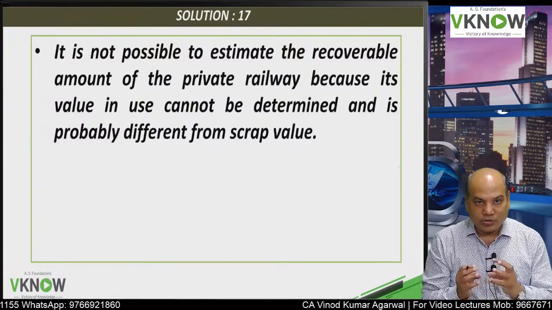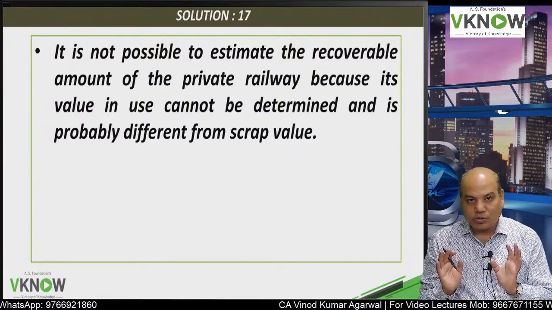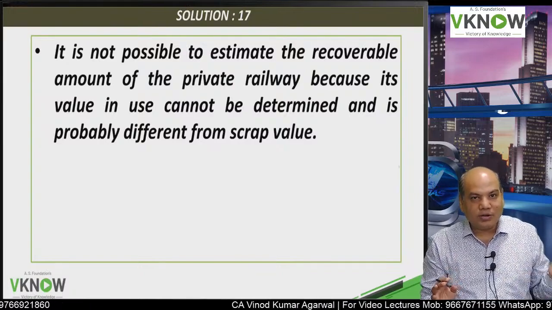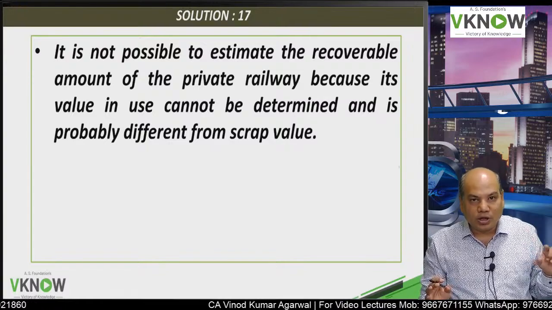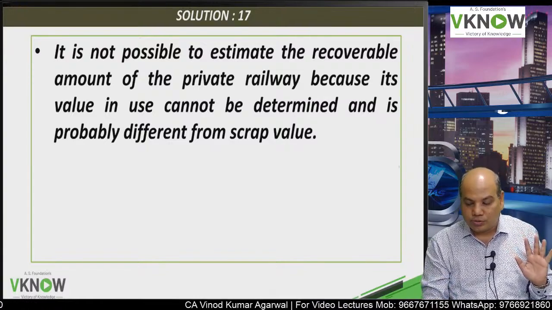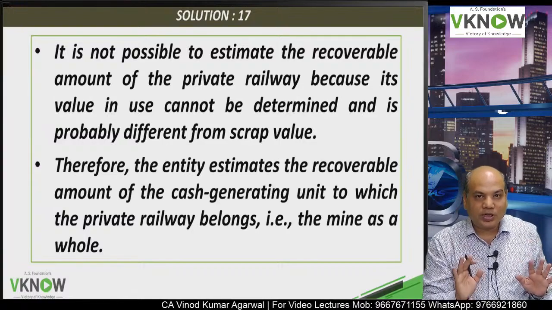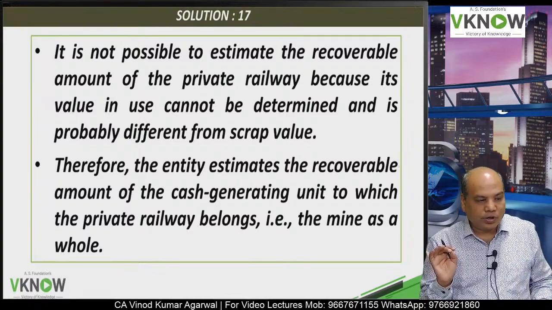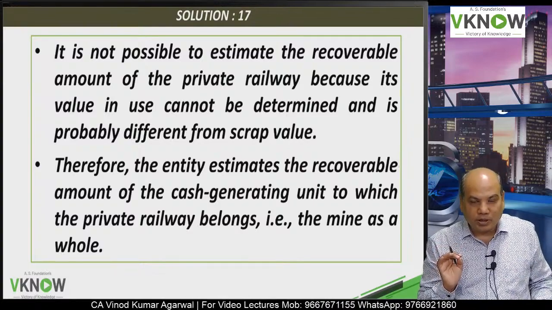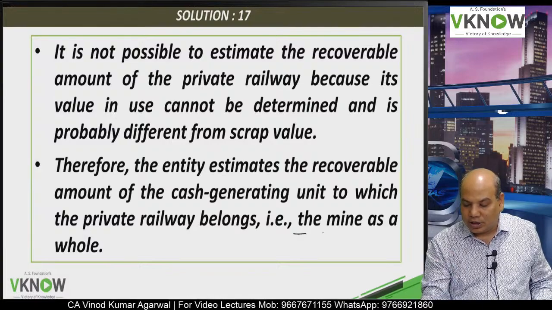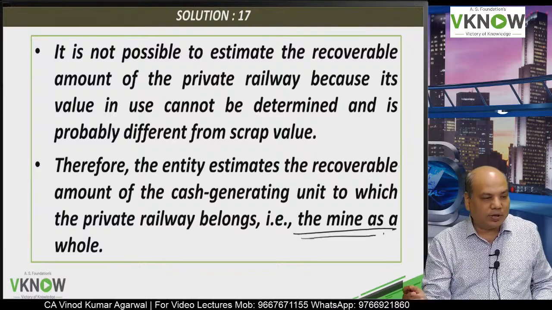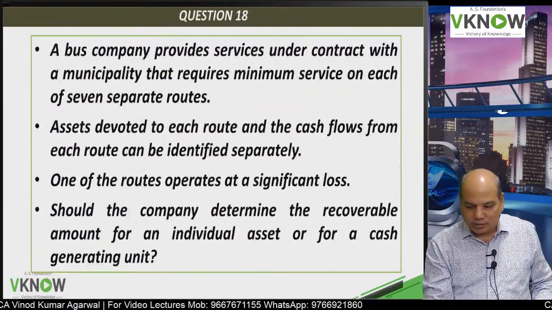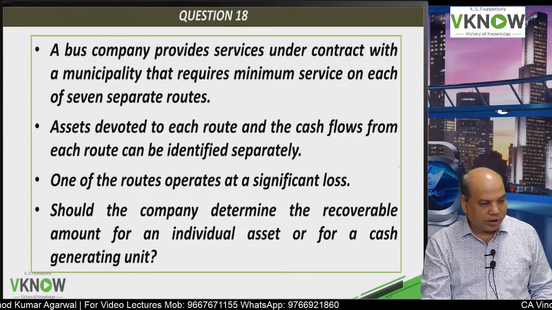The only cash flow it can generate, which we can identify, is the scrap value, but we are not able to compute its value in use, and it is not meant to be scrapped right now. It is in the use of the business. Therefore, if I have an indication of impairment, I will test the entire mine for impairment. I will compute the recoverable amount of the entire mine. Is it right? Next question, number 18.